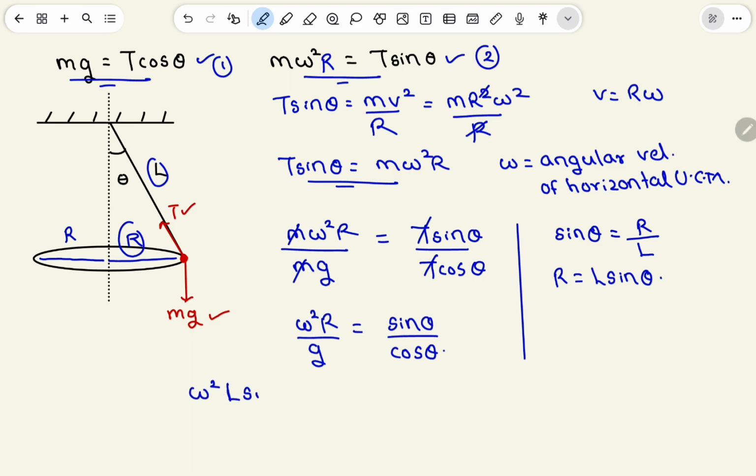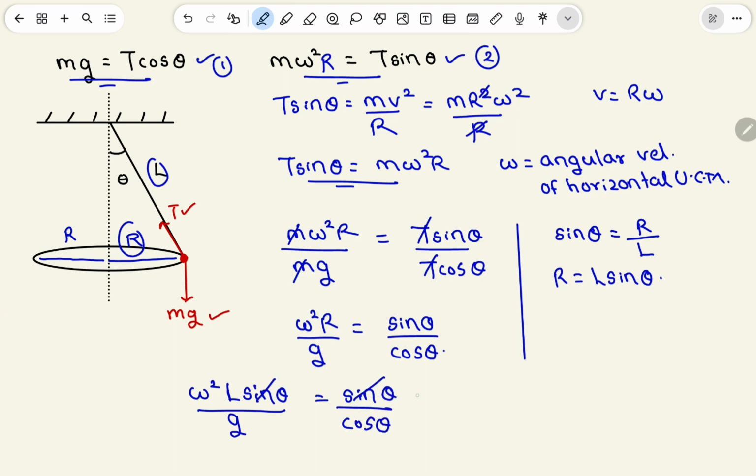So omega square L sin theta upon g is equal to sin theta over cos theta.